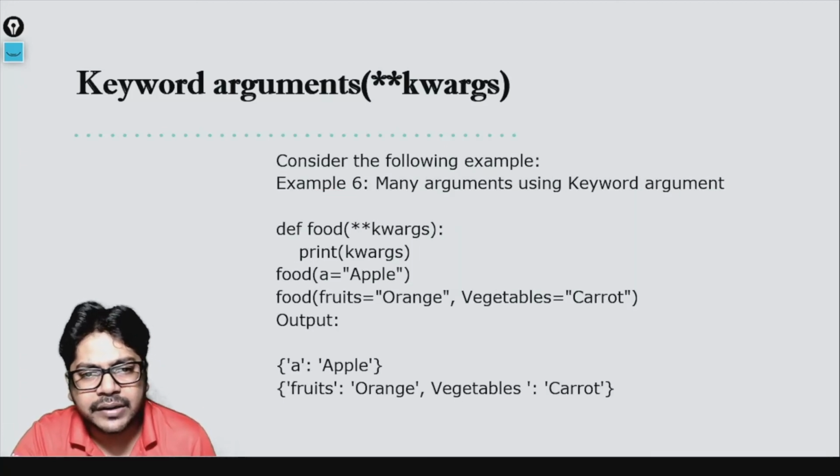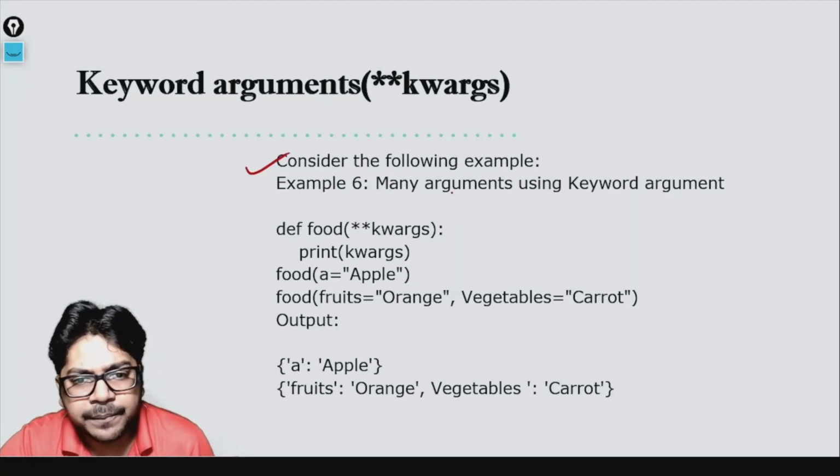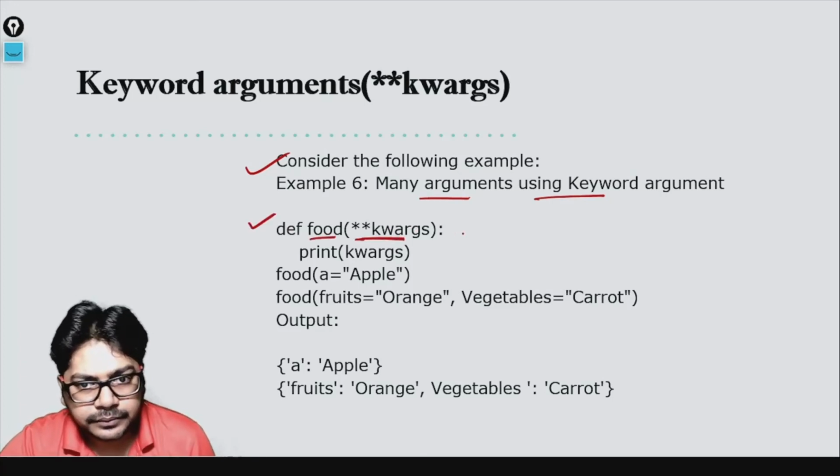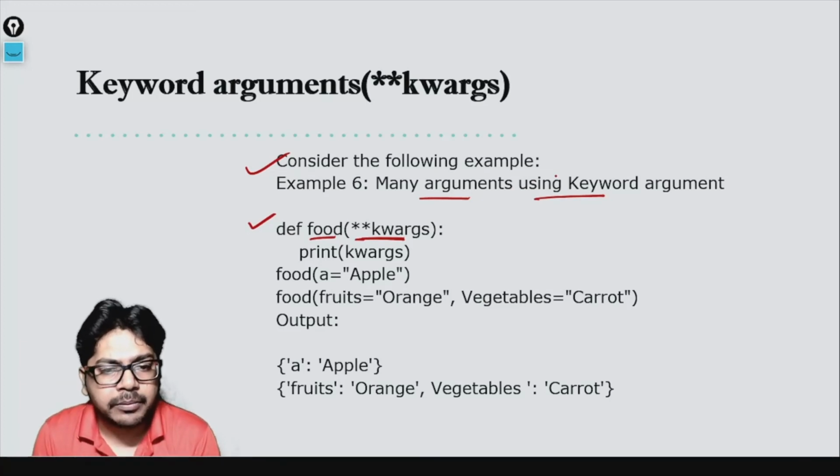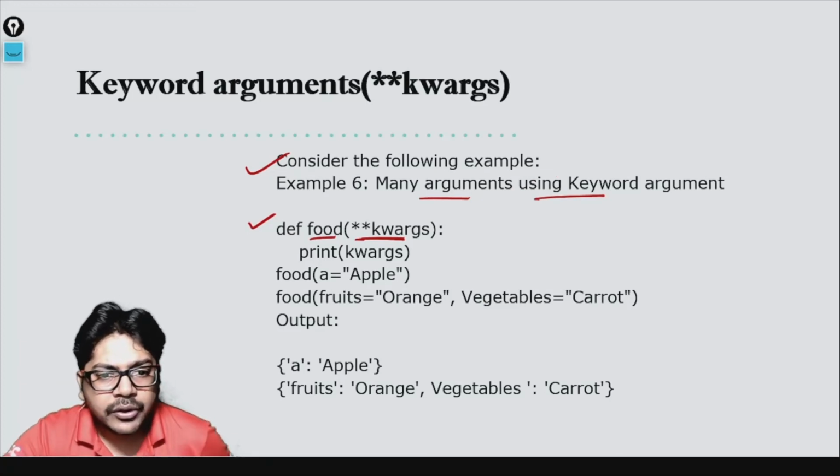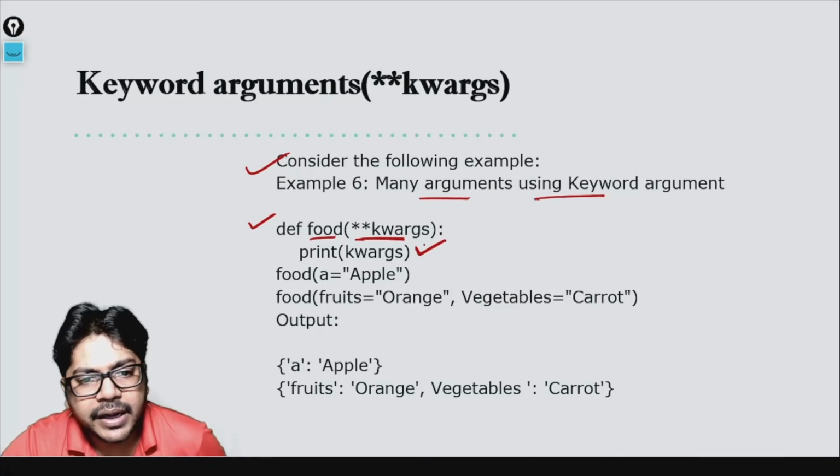How does it work? Let's take an example. Here we use a function with multiple keyword arguments, and we are just printing them. What we did is food A equal to apple.